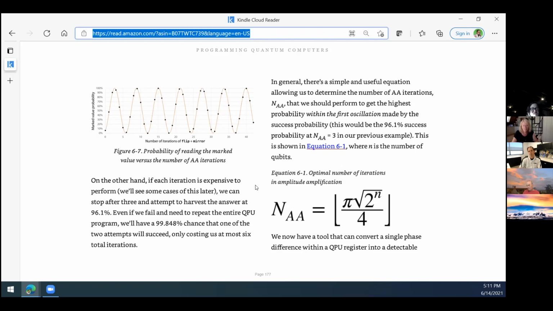So the optimal number of iterations is 3, since we can't do a 0.14 iteration.